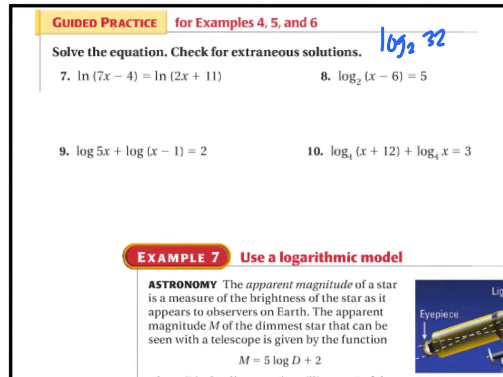And so to change that base, we're going to say log 32, and that'll be our common log, over log 2, and then we will see if that indeed is 5. So log 32, I'm doing it right along with you right now, divided by log 2 is indeed 5. So we have checked that. That is not an extraneous solution. X really is 38.